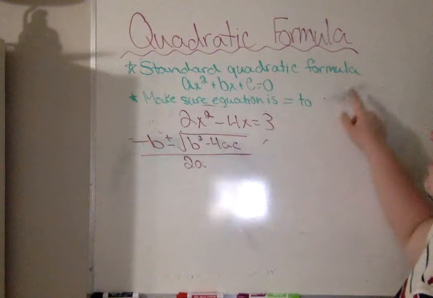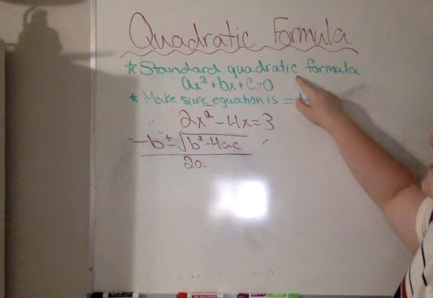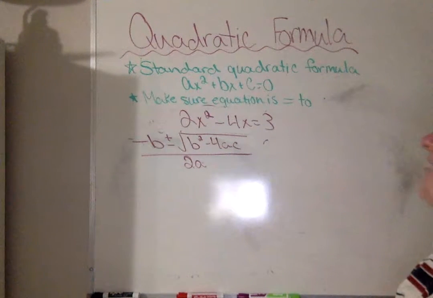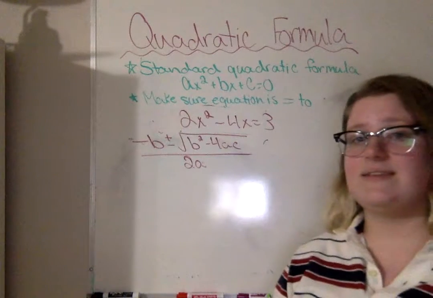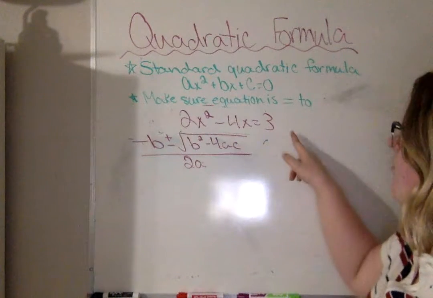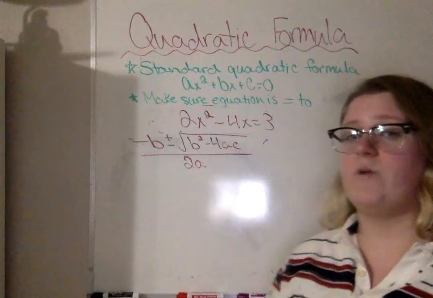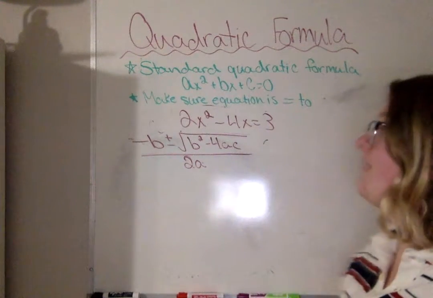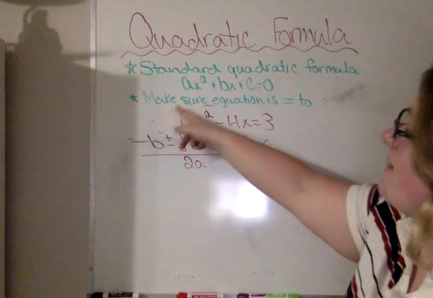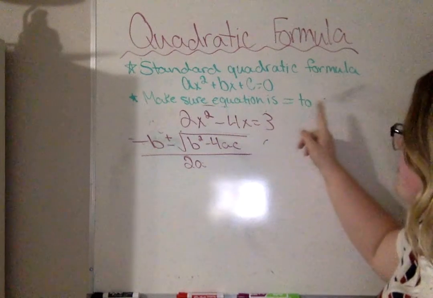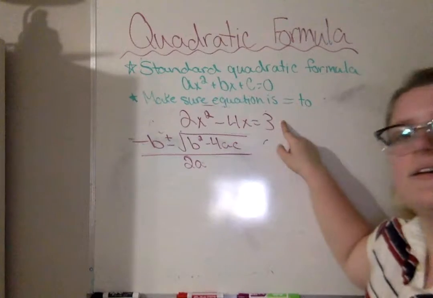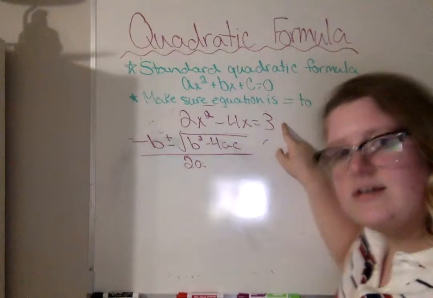So we will start off seeing the standard quadratic formula, which is ax squared plus bx plus c equals 0. Now, our equation has all of those components, so we are just dandy to continue. And then we need to make sure our equation is equal to 0, but it's not.